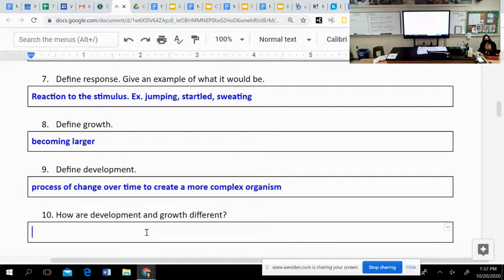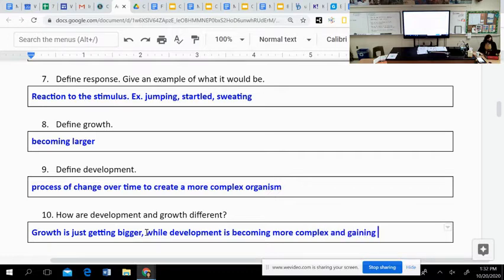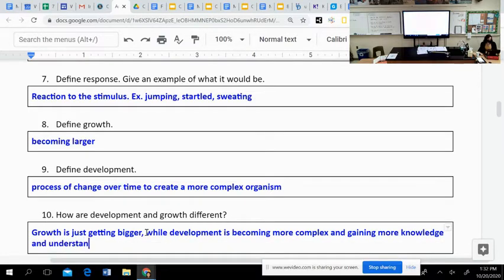Hint, hint, this is probably going to be on the test that you have to compare the two. So growth is just getting bigger, while development is becoming more complex and gaining more knowledge and understanding. Okay? Something like that.